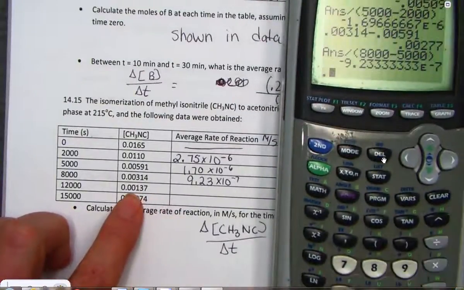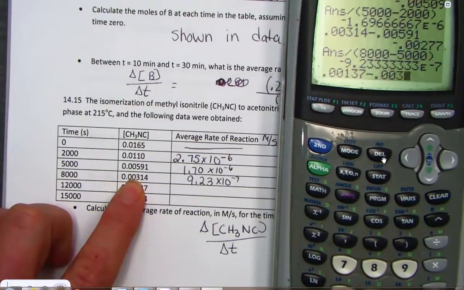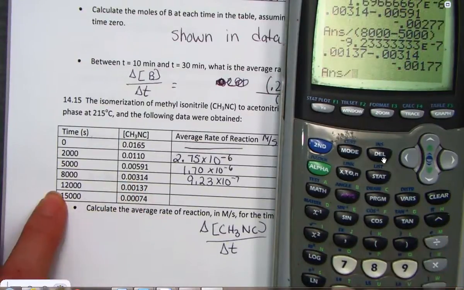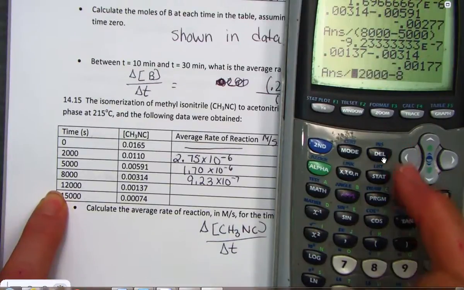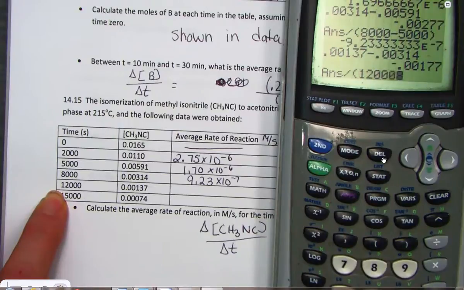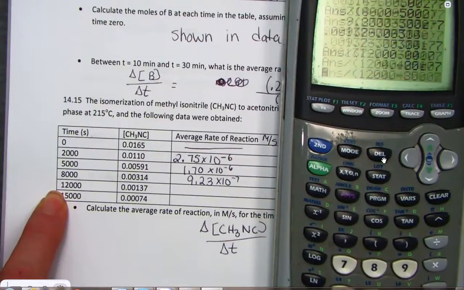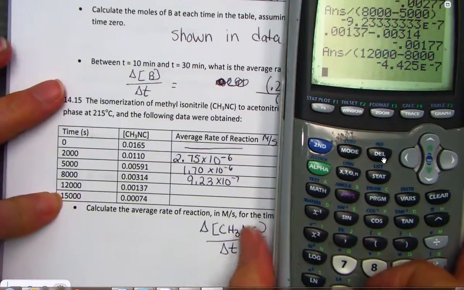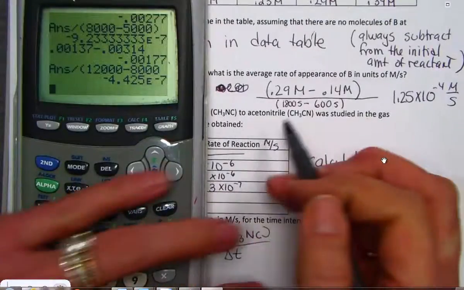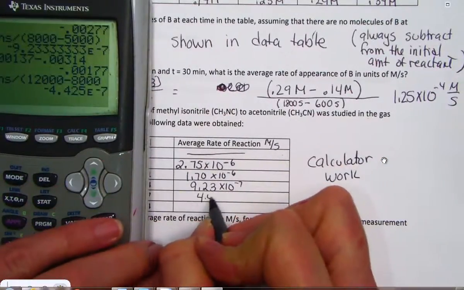The next line, 0.00137 minus 0.00314, divided by 12,000 minus 8,000. How about 4.43 times 10 to the negative 7th? Is that a calculator match?